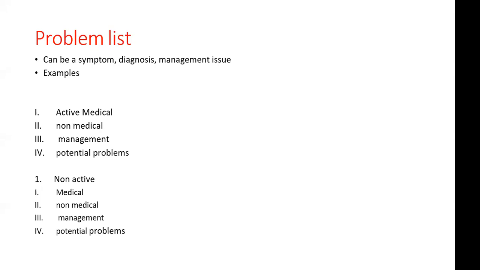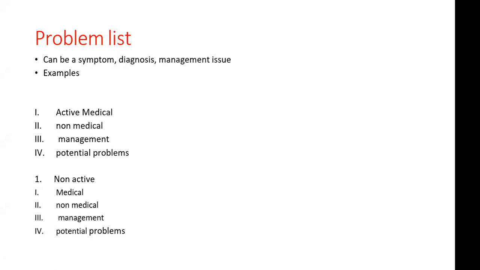What is a problem list? A problem list basically can include several components. A problem can be a symptom. A problem can be a diagnosis, or a problem can be a management issue. So for example, shortness of breath for 3 months is a problem. It's a symptom based problem.